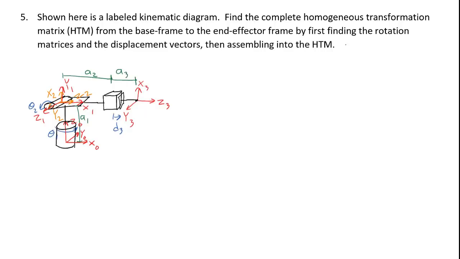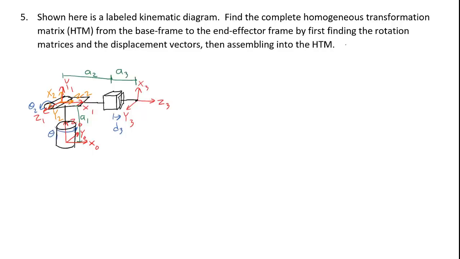Question number 5 shows us a labeled kinematic diagram and asks us to find the complete homogeneous transformation matrix from the base frame to the end effector frame by first finding the rotation matrices and the displacement vectors and then assembling into the homogeneous transformation matrix.